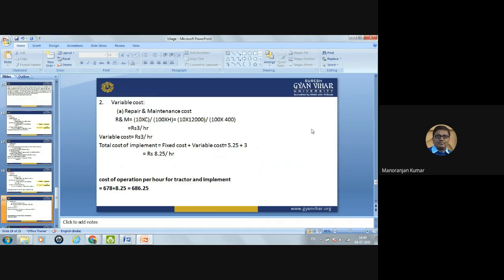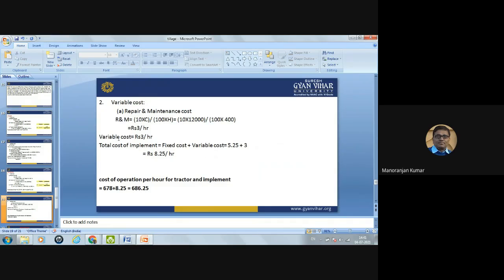By using this equation, 10 into C divided by 100 into H, where C is the capital value, 12,000, and H is the number of working hours per year, 400. After calculation, you will get rupees 3 per hour. So under the variable cost, you have to calculate the repair and maintenance cost, and it is coming to rupees 3 per hour.